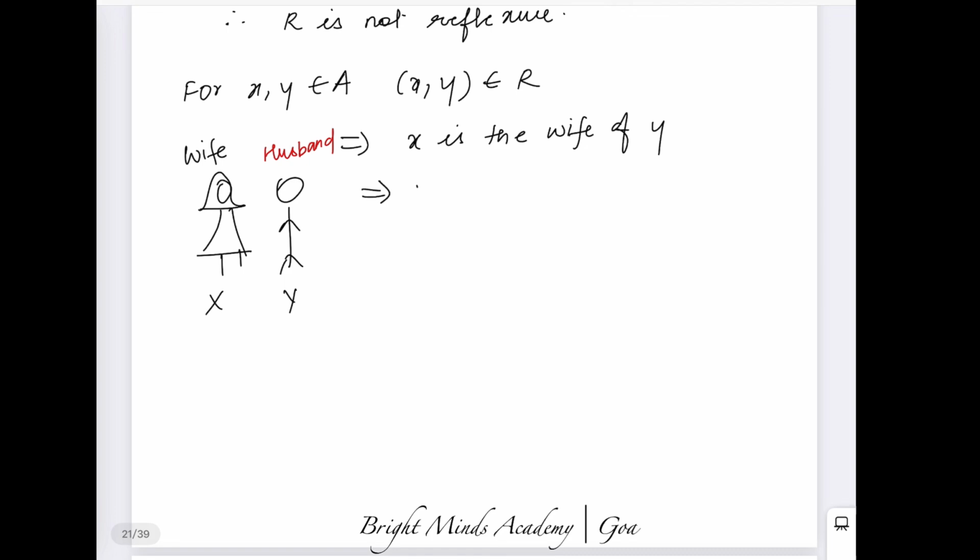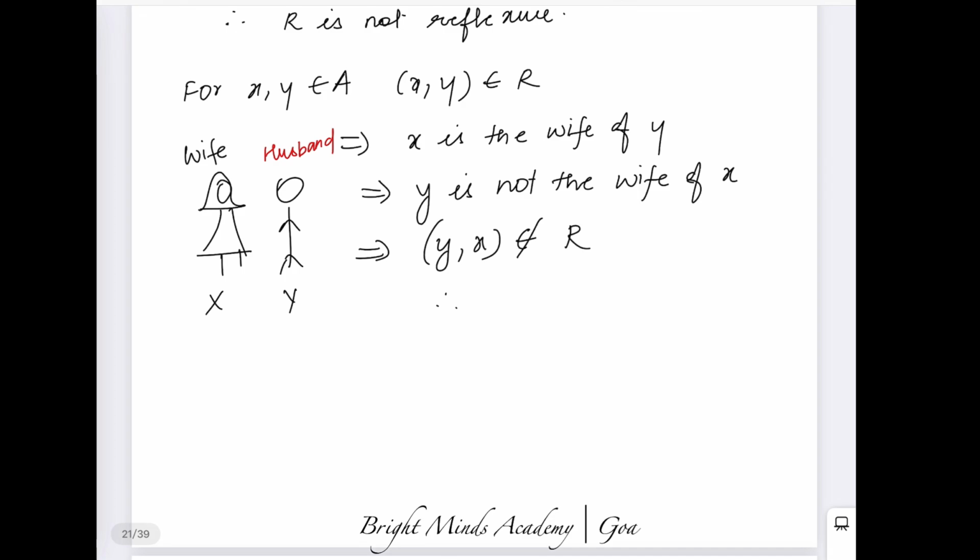So this implies that Y is not the wife of X. This implies that Y comma X do not belong to the relation R, therefore R is not symmetric.